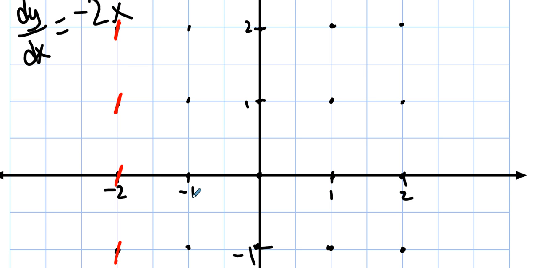In fact, at x equals -1, then the slope is -2 times -1, that's +2. And so that's still positive, but it's less positive. And at x equals 0, the teeny tiny pieces of tangent line all have slope 0, -2 times 0.